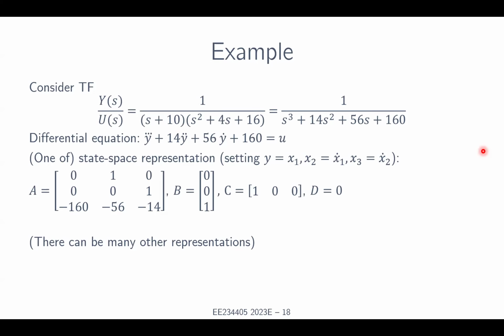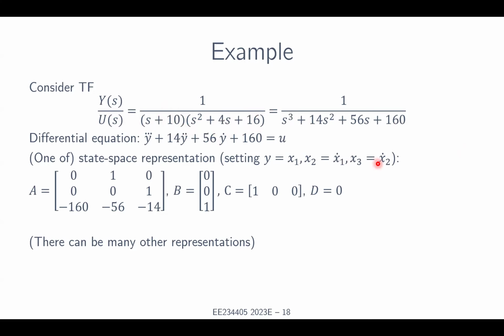So how do we write the state space representation of this? Of course we should multiply these two fractions so that it becomes s cubed plus 14s squared plus 56s plus 160, well, 10 times 16.